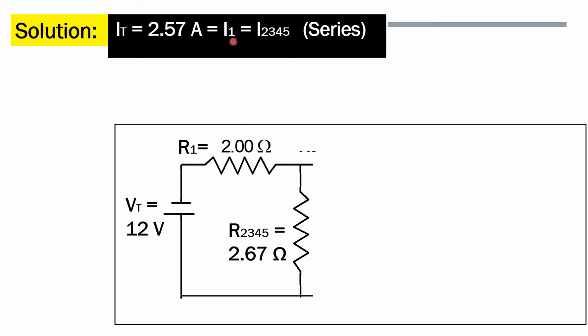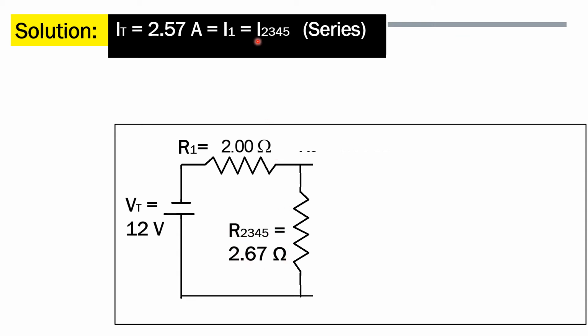We say that I sub 1 is also equal to 2.57 amperes. And since R sub 2, 3, 4, and 5 is also in series with R1, whatever current passes through R1 is the same current that passes through R2, 3, 4, and 5.